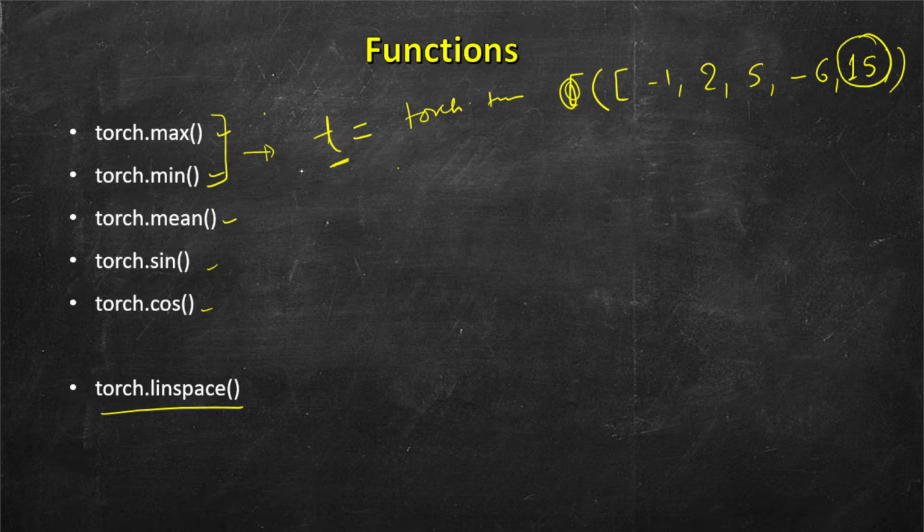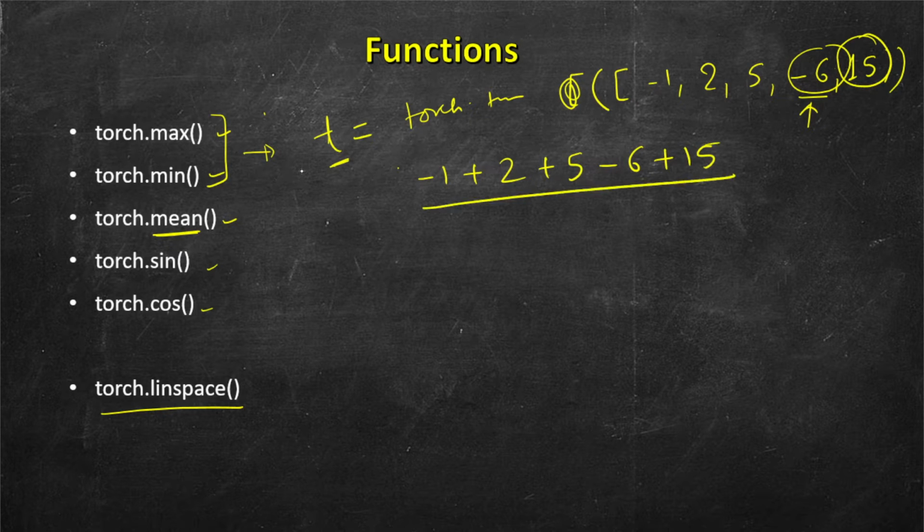Similarly, min will return the minimum value, that is -6, and mean will return the average of all of these. So it will be -1 plus 2 plus 5 minus 6 plus 15 divided by the number of elements, that is 5. So this is 15 by 5, that is 3.